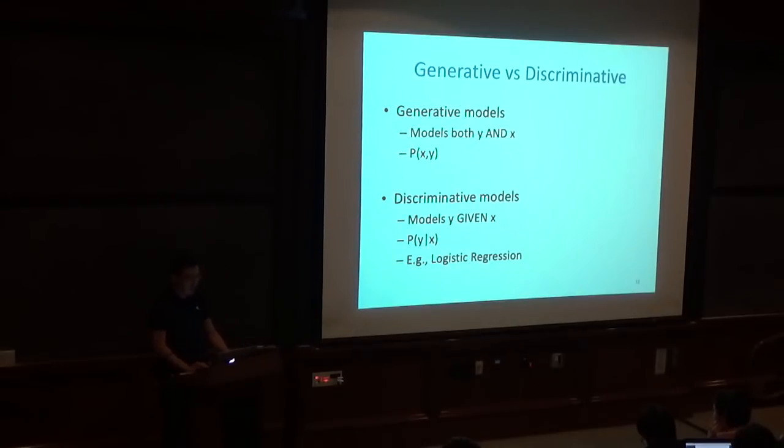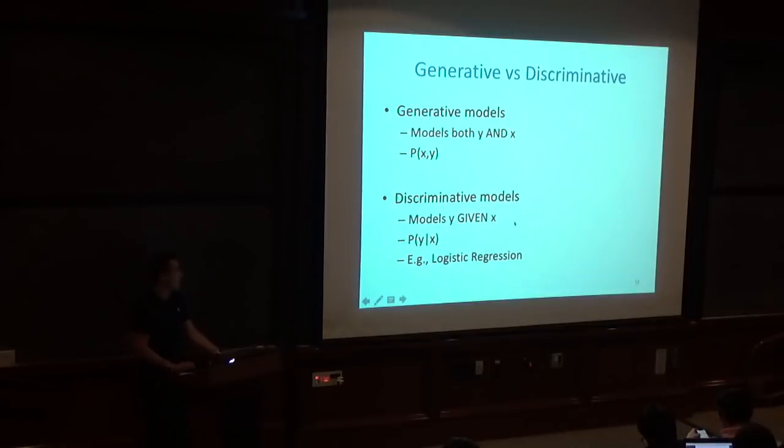A discriminative model says I simply want to discriminate between the data points. So if I want to discriminate on y given x, then all I care about is whether this given x falls into the positive y or the negative y, if y is a binary label. So for example, logistic regression is a discriminative model. And what I just showed you in the first few slides is a generative model. It models the total joint distribution.